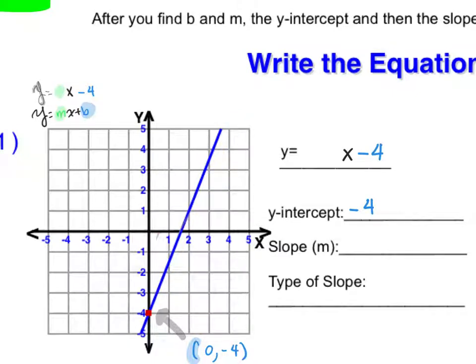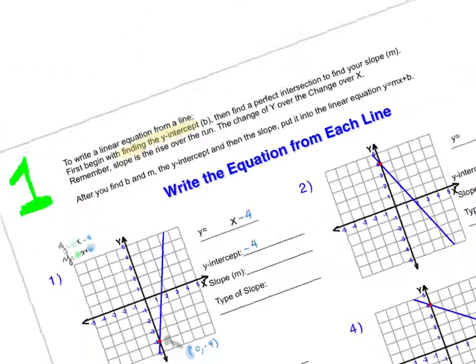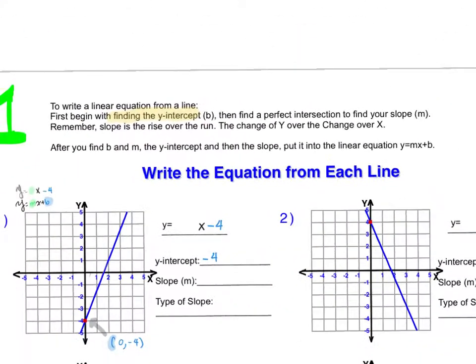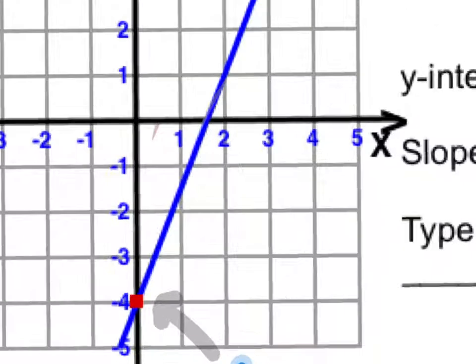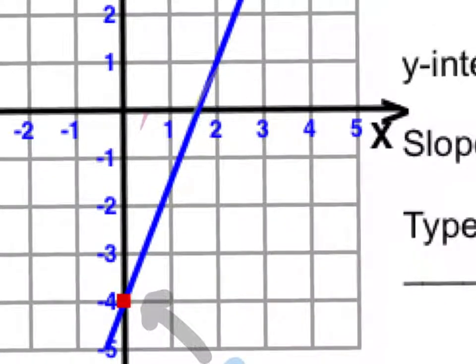Okay, well, let's go to the instructions. It says, then find a perfect intersection. Find a perfect intersection to find your slope. If I'm going to rise from one point to the other, you need to find a place on this line.